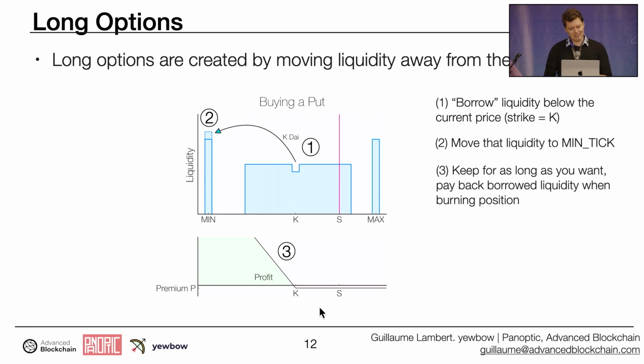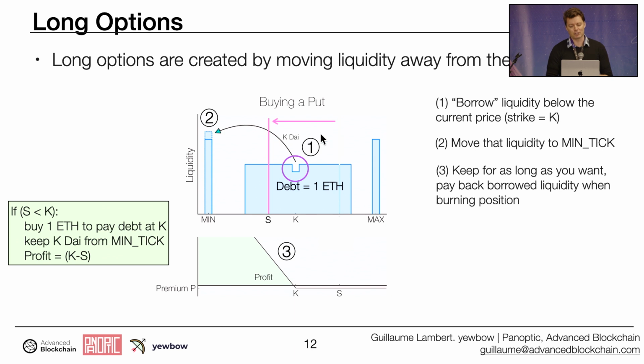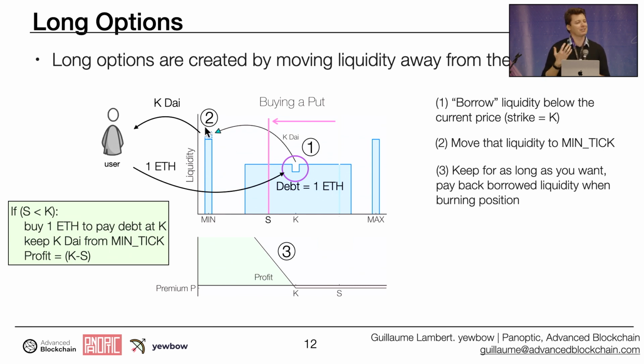If instead the price goes down and crosses that little debt well, the debt which used to be K DAI will become 1 ETH exactly. So the user is entitled to get back the K DAI that they stored at zero, and at the time of exercise, they keep this K DAI and supply 1 ETH. So effectively they sell 1 ETH for K DAI, regardless of the current price of ETH.